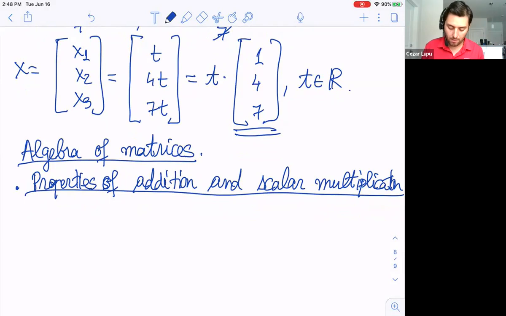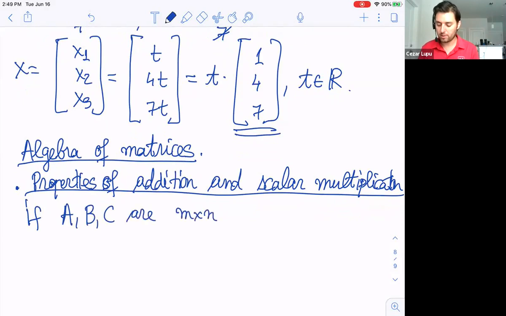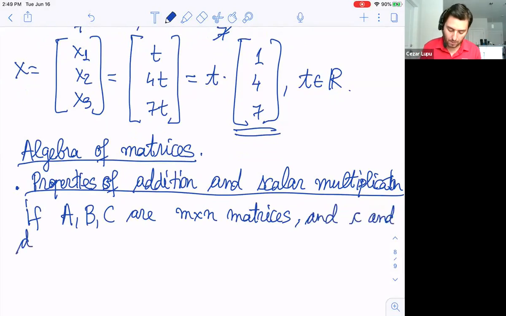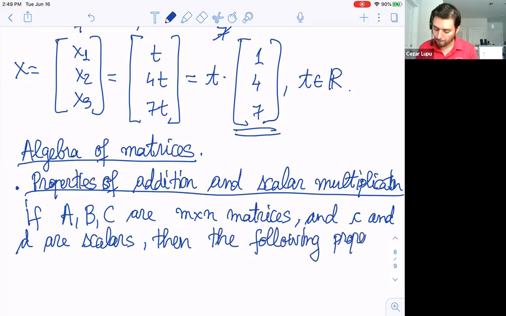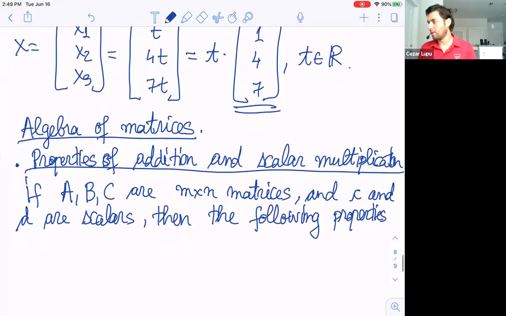If I have three matrices, A, B, C, that are m by n matrices, I'm not considering just square matrices, just m by n, and c and d are scalars, then the following properties hold true.